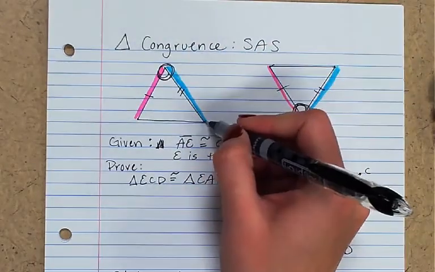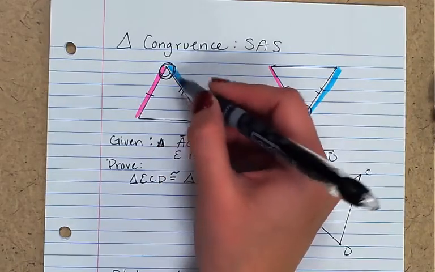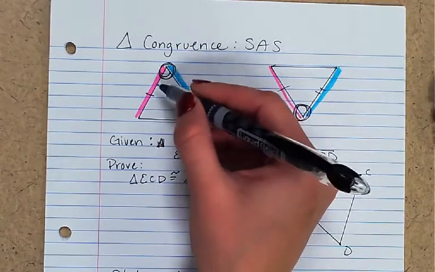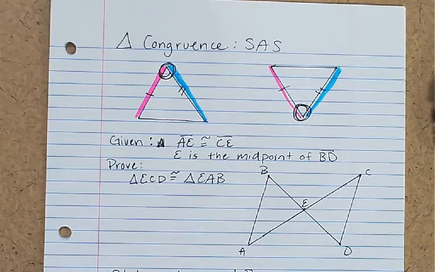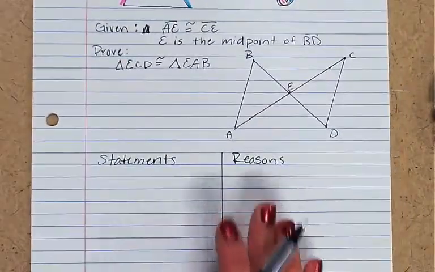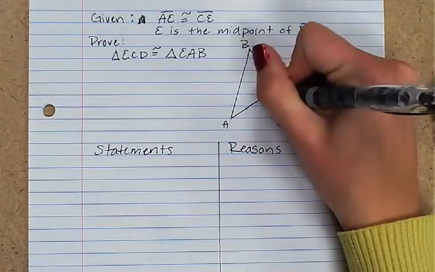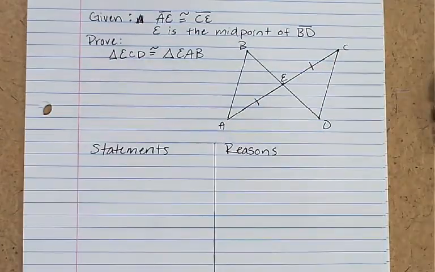If it was this one, we'd only be touching the blue. If it was this one, we'd only be touching the pink. You have to be the included angle touching both sides that you're talking about. So I put a proof on here just to give you another example. It says, given segment AE is congruent to segment CE. So we are given that these 2 are the same.